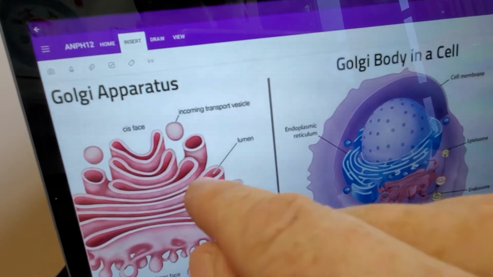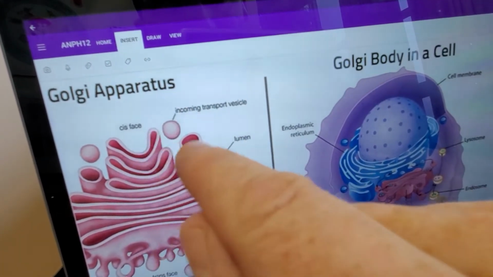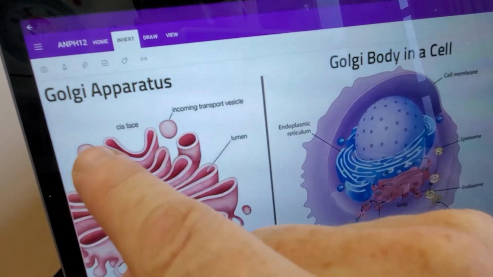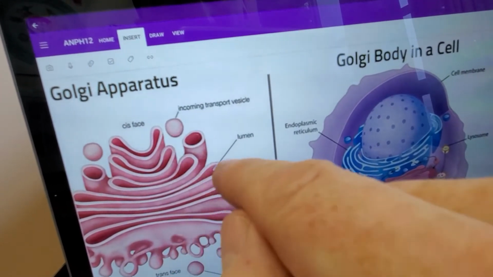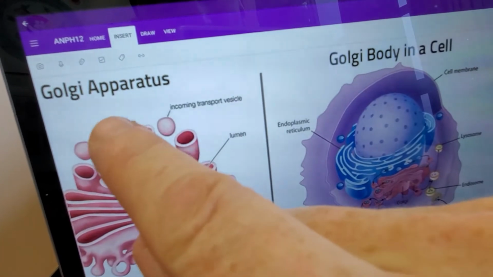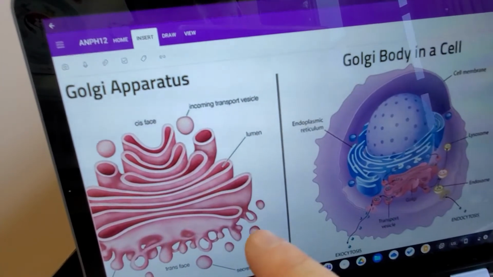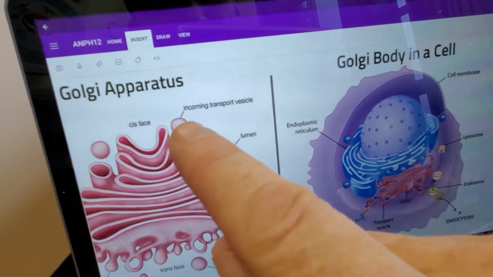Another thing is coming to also make the cis face of the Golgi: little vesicles that also glob onto the cis face, coming from back here. They make the cis face along with the transitional vesicles from the rough endoplasmic reticulum, those precursor peptide chains.